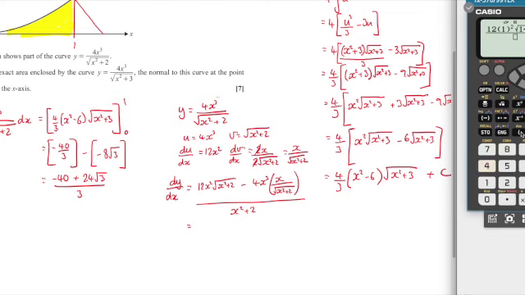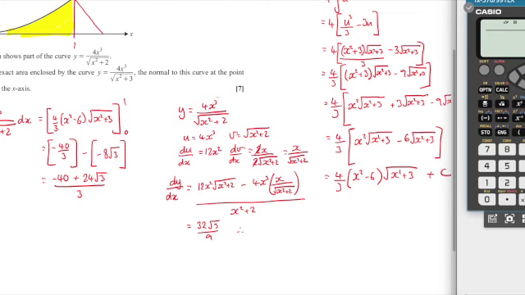So that's 4 brackets 1 over root 1 plus 2. And then I've got all that over 1 plus 2, which is 3. So that is 32 root 3 over 9.